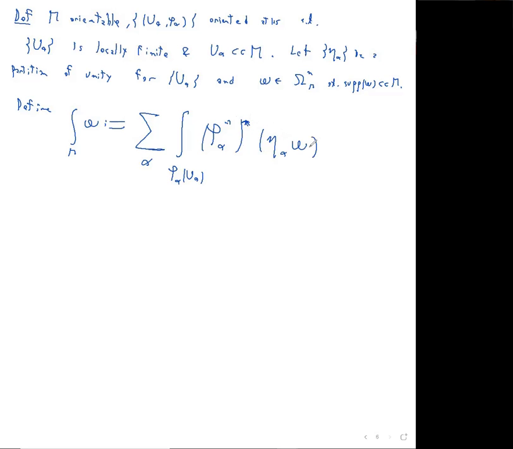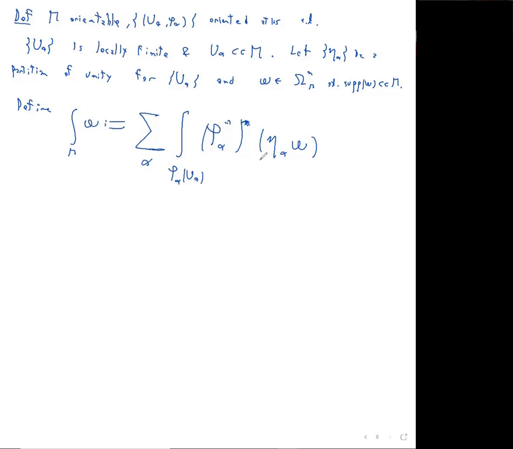So this rho alpha omega, you can think about it as an n form defined only on U alpha. So I can apply the pullback, and what I get now is an n form on an open subset of Rn. So I can integrate it by the way we defined it before.